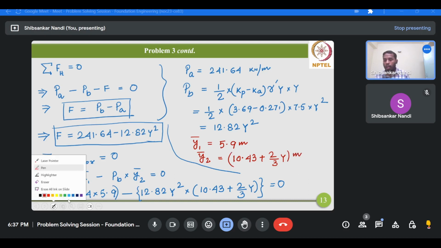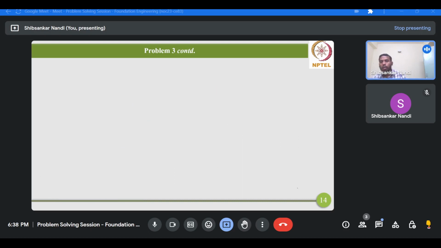Now, if you simplify this equation, you will basically end up with one cubic equation in y. Suppose this is your equation 1. This is a cubic equation in y, and if you solve it, you can get the value of y.